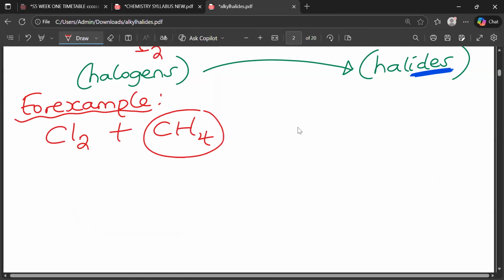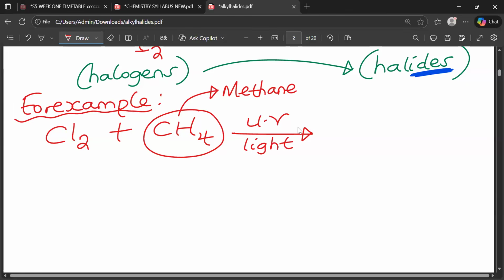So you all know that this one is what? Methane. Isn't it? And you all know this reaction usually takes place in presence of UV light. Hope people are aware of that. That this usually happens in presence of UV light when those two react.